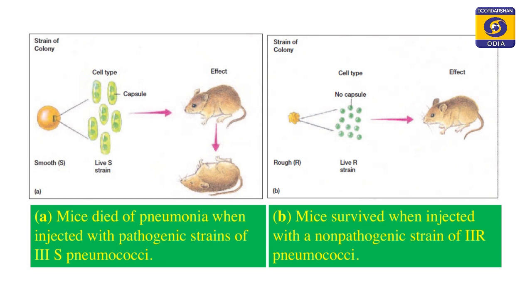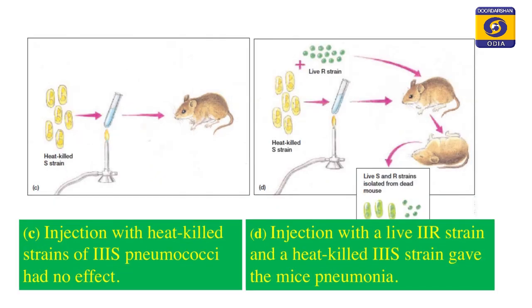When live type 2R was given, the mouse survived. In the first, type 3S, the mouse died; type 2R, the mouse survived; and in the third, he heat killed the type 3S pneumococcus and then injected it into the mouse, and the mouse survived.